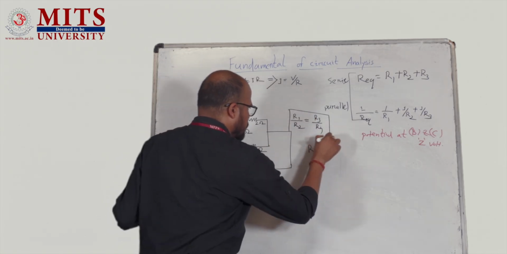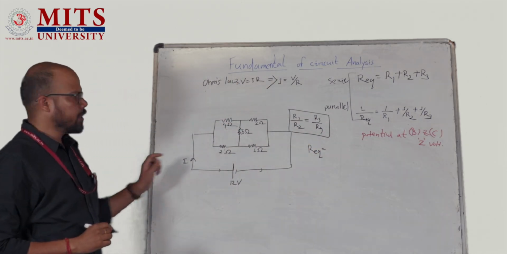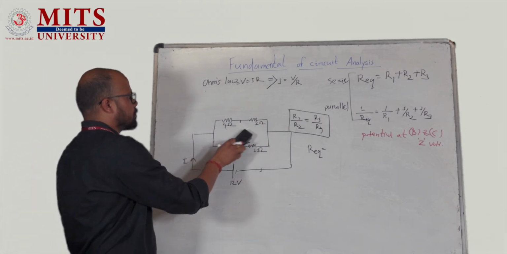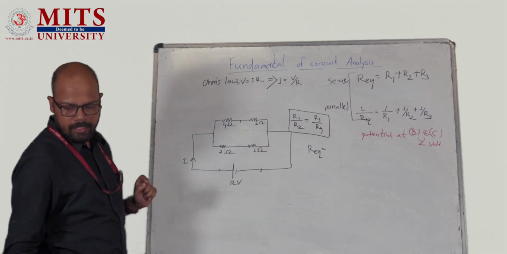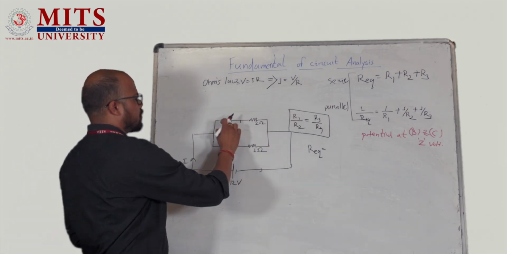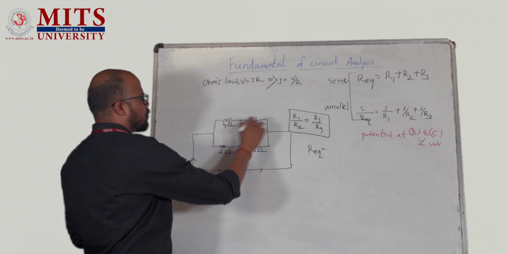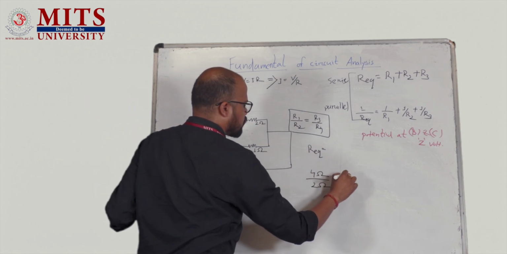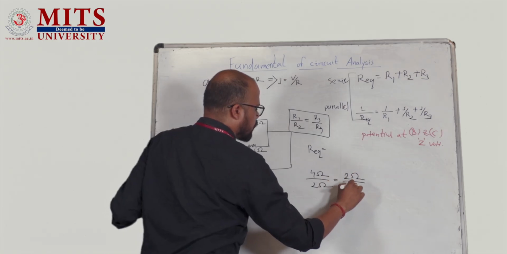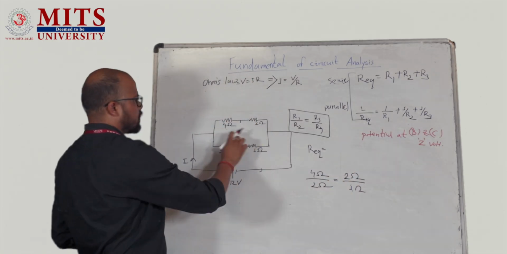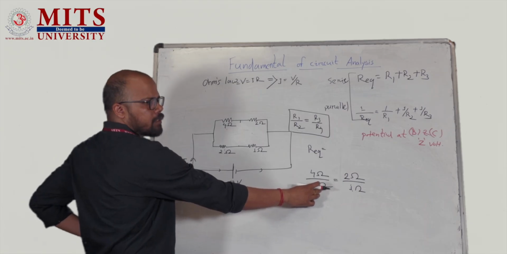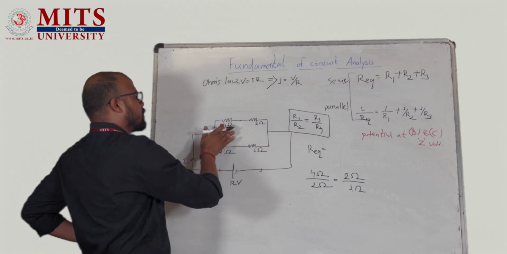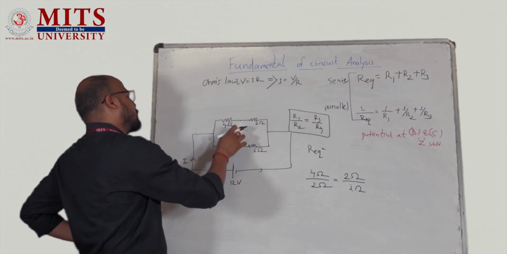If this condition is satisfied, we will simply neglect R5. And indeed in this case the condition is satisfied: 4 ohm by 2 ohm is equal to 2 ohm by 1 ohm. So we neglect the resistor R5.